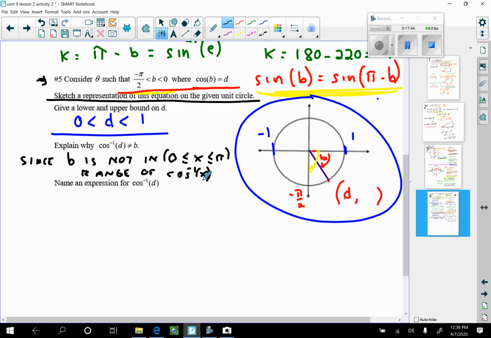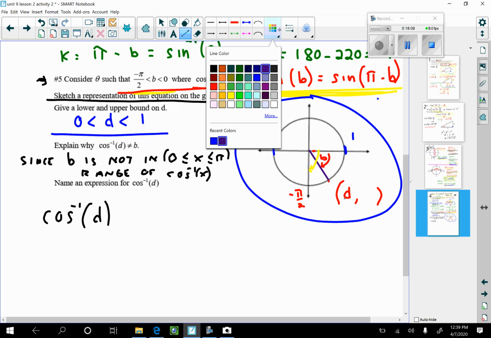Simple. So now I want an expression for inverse cosine of d. If it doesn't equal b, what in the world does it equal? So this is what I want. What does this equal? Give me an expression for inverse cosine of d. Well, d is an x value. The angle has to be between 0 and pi. So you tell me.